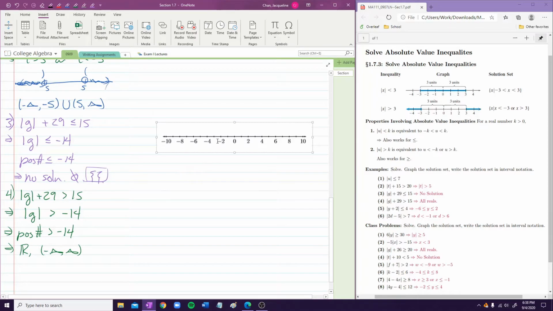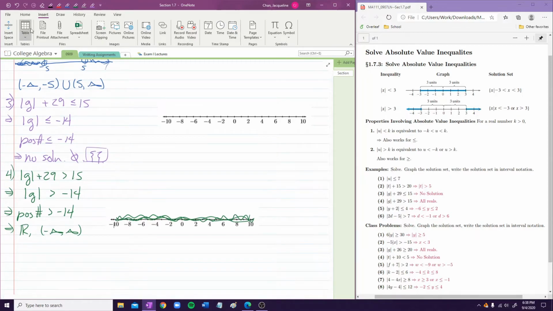And if we had to graph this, since it's all real numbers, that means every number that you pick on this graph, no matter what, we pick negative a million, 200, 3.14, doesn't matter. It will satisfy this inequality.